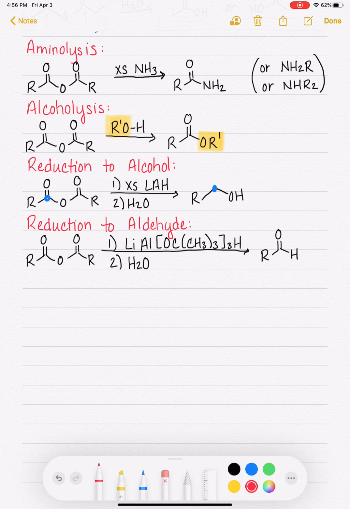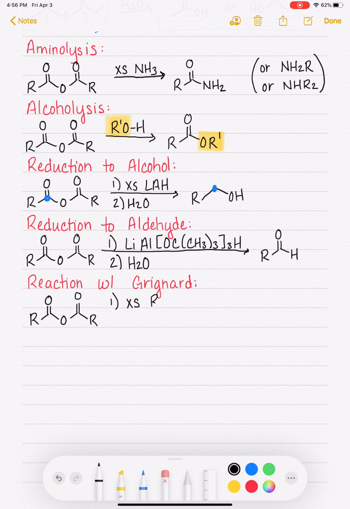And then we have reactions with Grignards. Oh, I know this is not the most exciting topic of organic chemistry. So this is also exactly the same as when we are reacting a Grignard with an acid chloride.